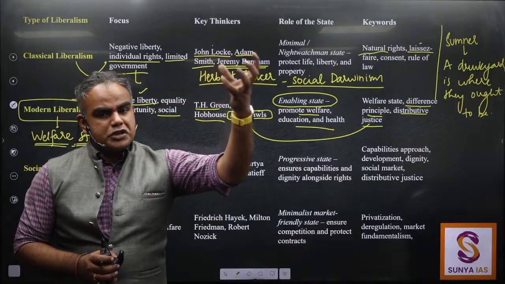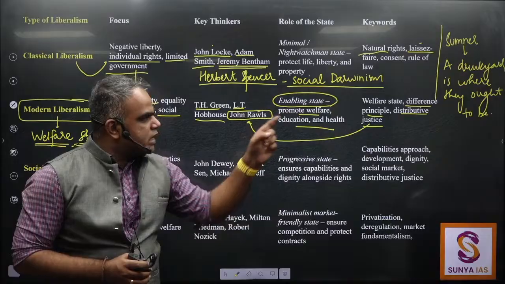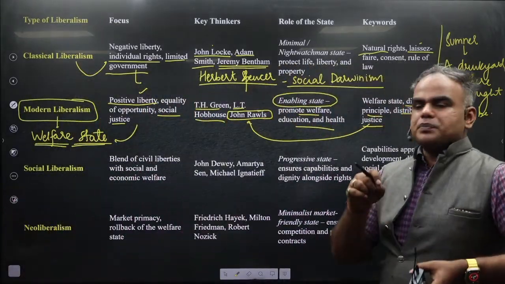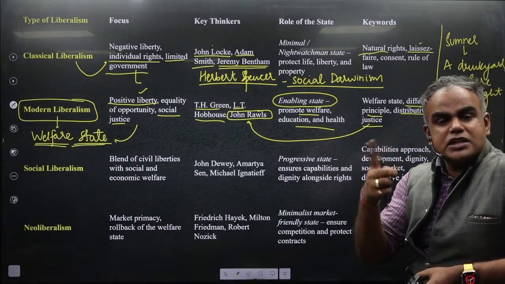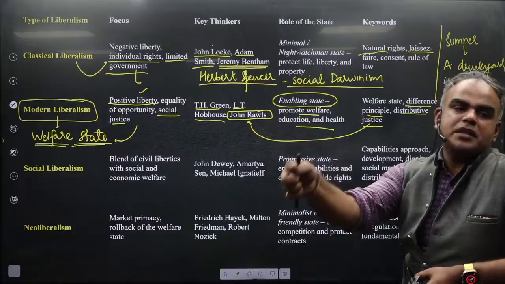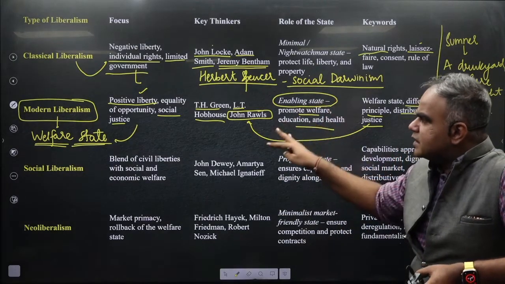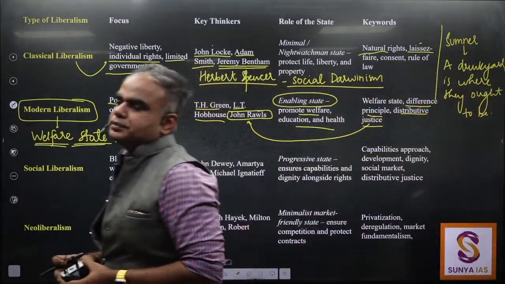So that you redistribute the wealth from rich to the poor. So he will say that in distributive justice and in the difference principle, this inequality or this distinction is justified only if it is helping the disadvantaged sections. So he in itself also will speak about an enabling role of the state.